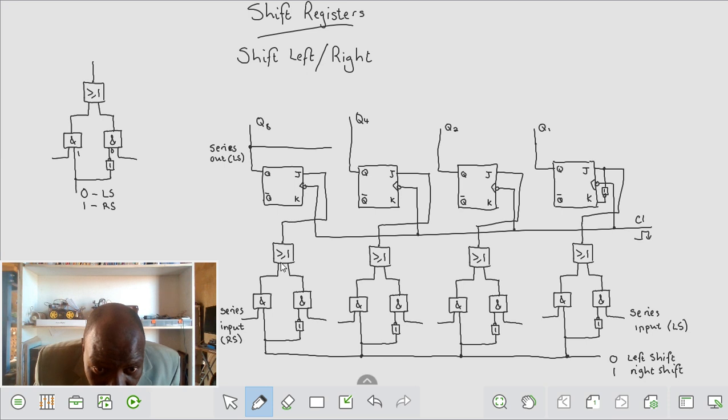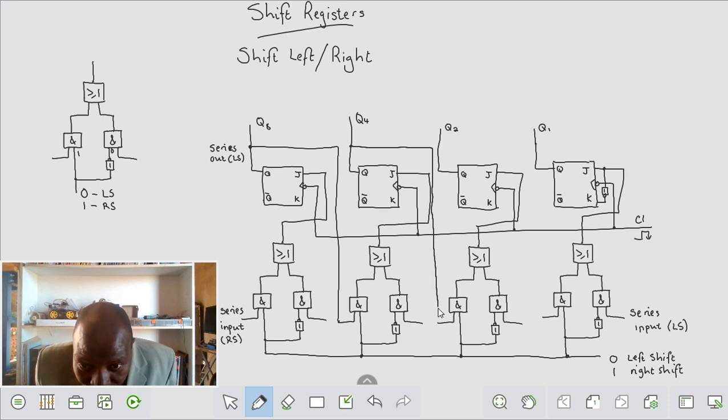So when it comes to the right, it comes to the next one. If we are going right, it's going to feed that one there. That comes out and feeds that one there. That one comes out and feeds that one there.